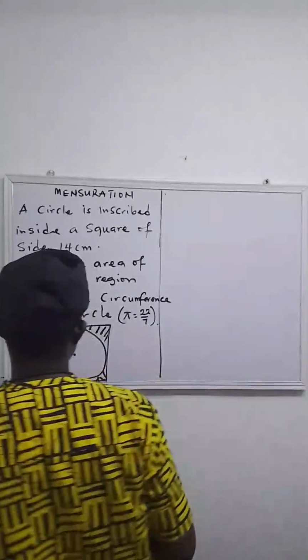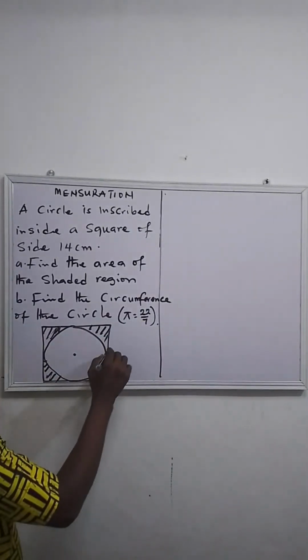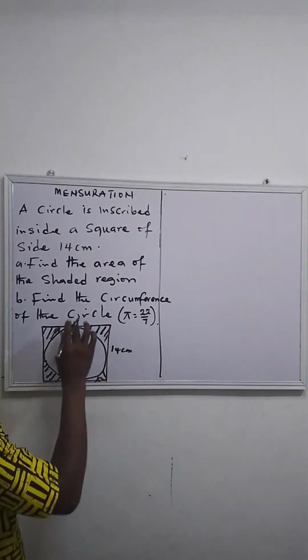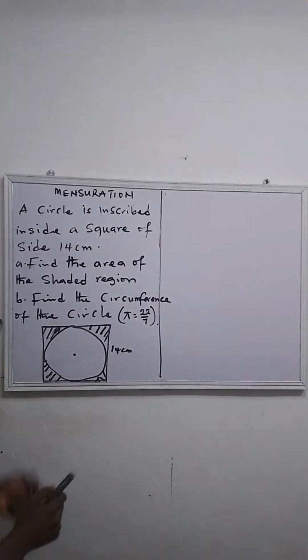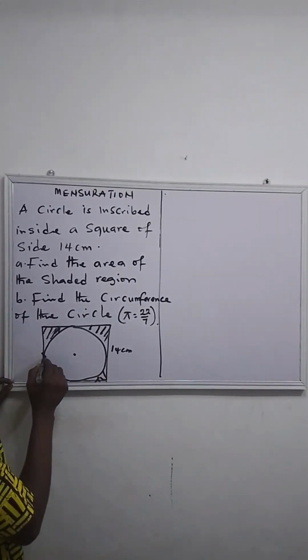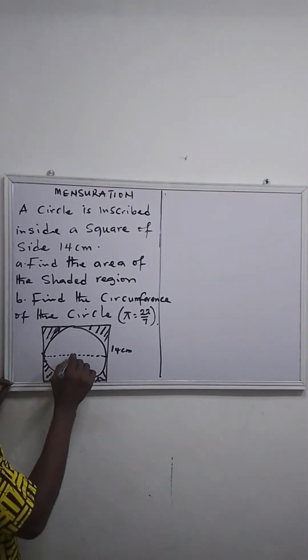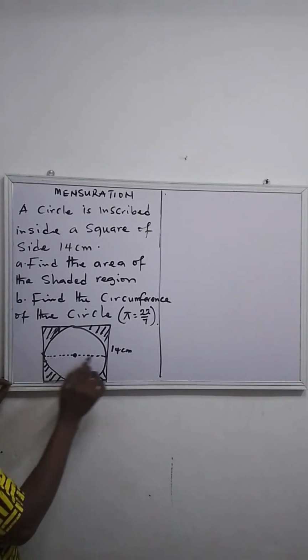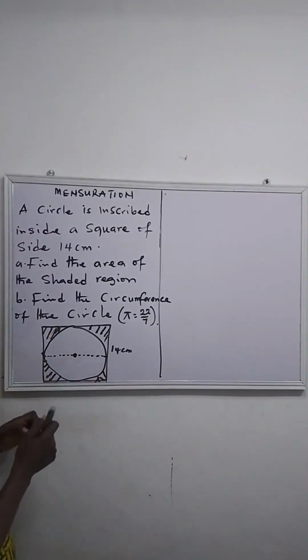Now, when you look at this square, we have 14 centimeter. This is also 14 centimeter, 14 centimeter. Here is also 14 centimeter. Now, from here to this place is 14 centimeter. Can you see that? And this is going to be the diameter of the circle.